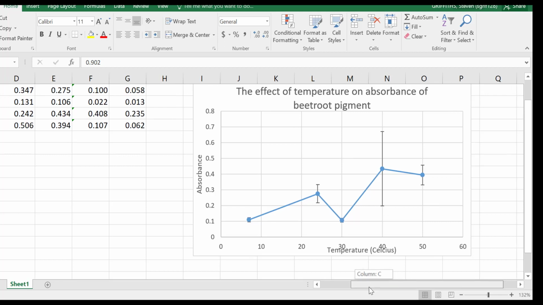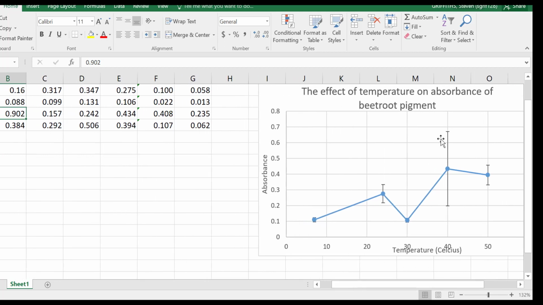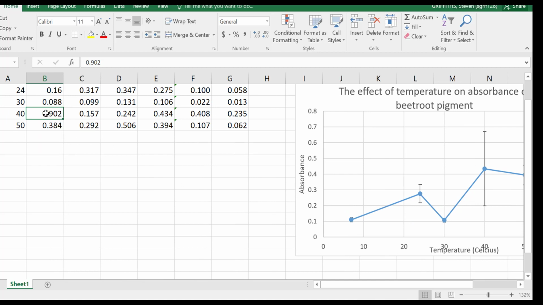It's also worth speculating about why this one is so variable. If we have a look at the data, we can see that there's just one point here that's significantly higher. We can only guess what that error could have been, but it was much higher absorbance than could possibly be expected.